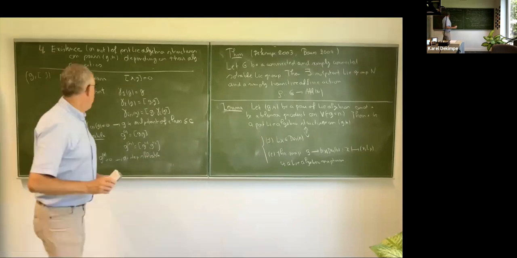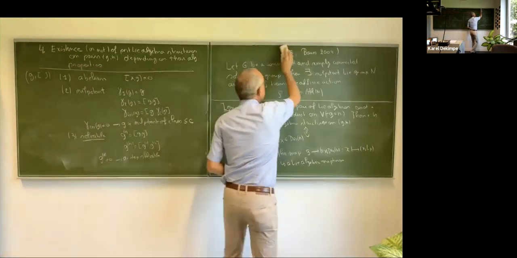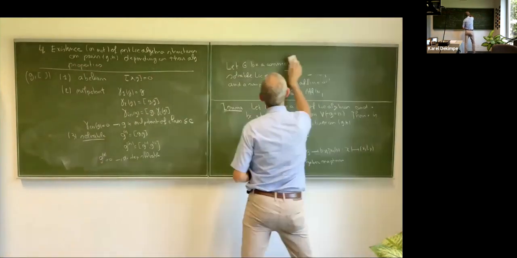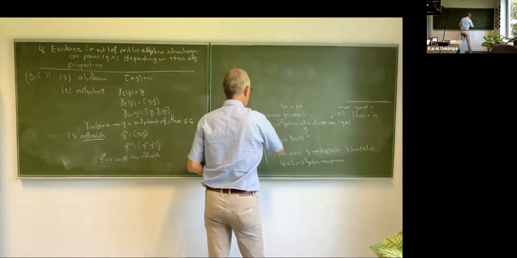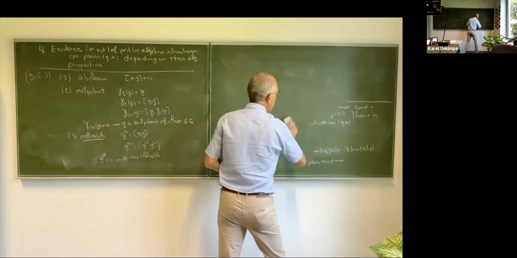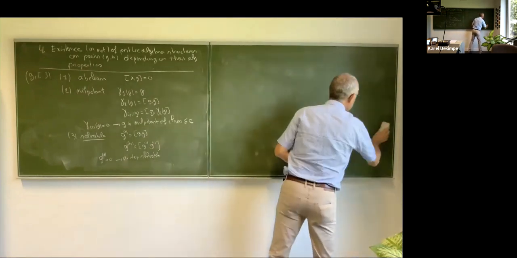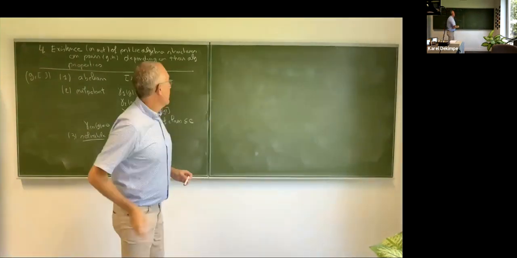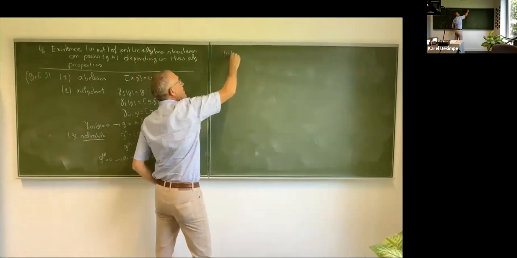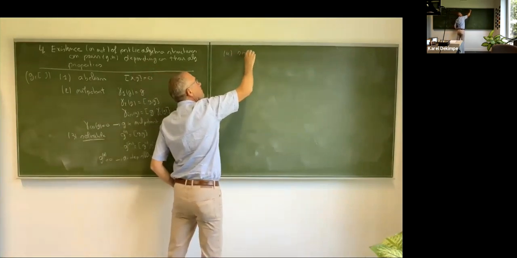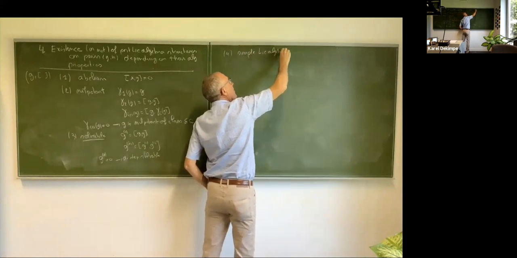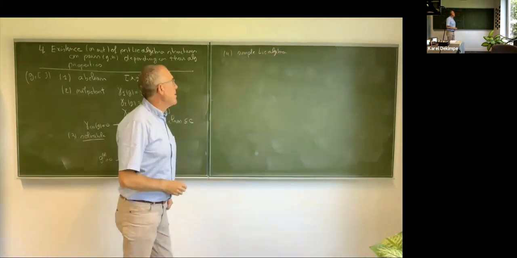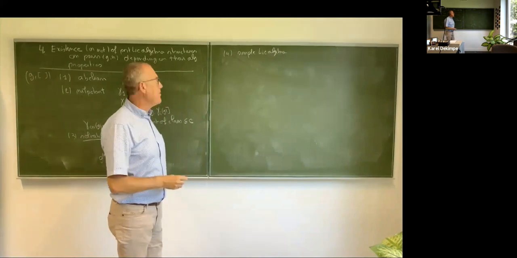Okay, the fourth condition that I will be using, what you should certainly know, is that of a simple algebra. So this is a non-abelian algebra having only trivial ideals.